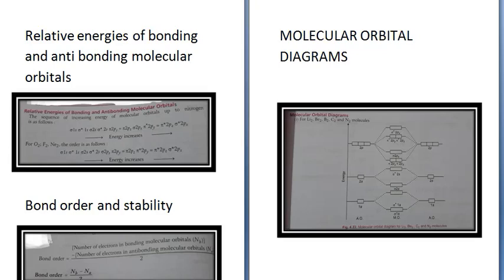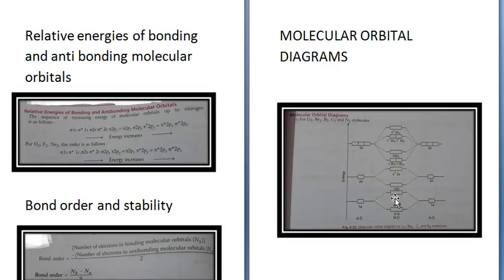First, at the lowest level is the 1s orbital. So you draw one 1s orbital here, and one 1s orbital on this side. One atomic orbital is here and the other atomic orbital here, and in between we are drawing the molecular orbitals. The two 1s orbitals will combine to form bonding 1s and anti-bonding 1s.